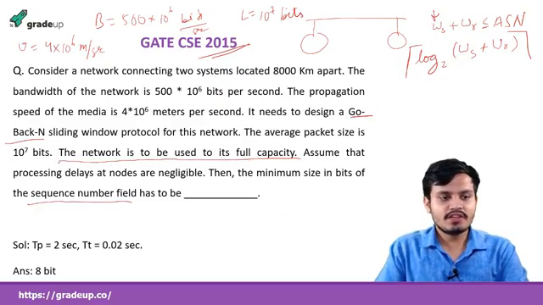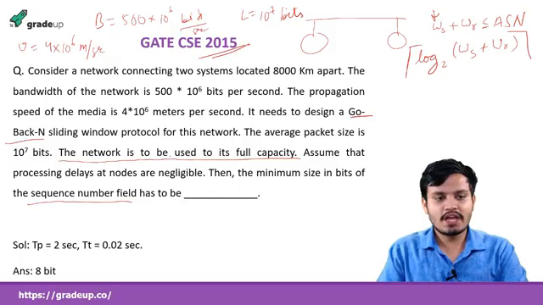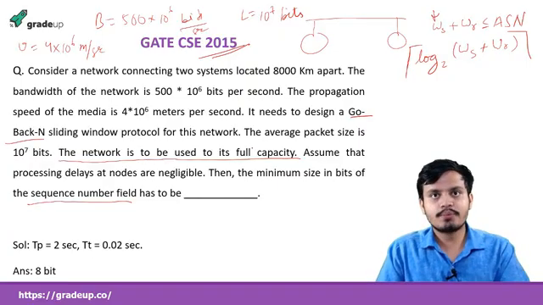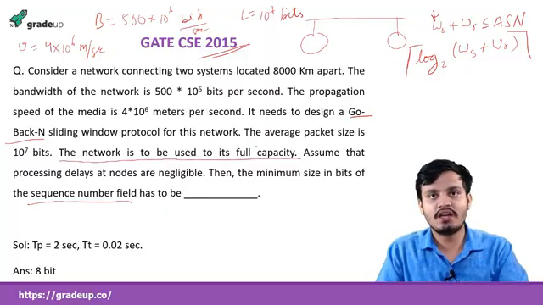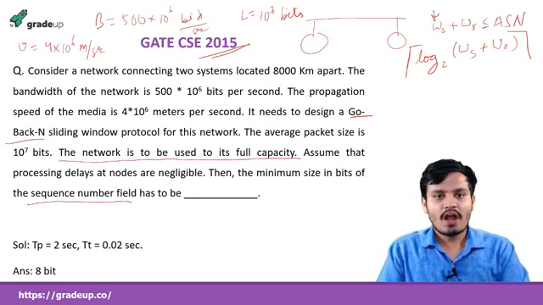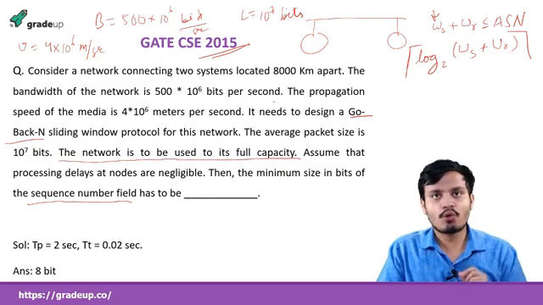Okay, and this line is very important. The network is used to its full capacity. It means that when the sender stops sending packets, we get the acknowledgement, and as we get the acknowledgement, we again start sending. So whatever I told you in the sliding window protocol video, what will be the best case, the optimal case?